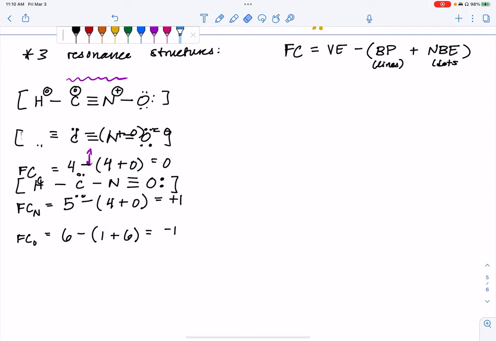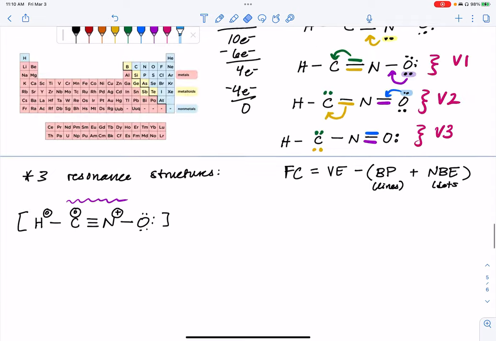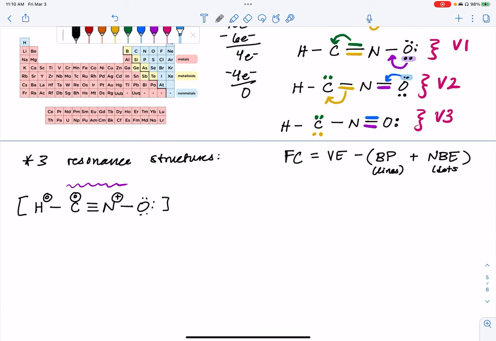Okay, let's see here. I'll briefly rewrite that. While I'm rewriting this, why don't you get the jump on doing our formal charge calculations for version 2.